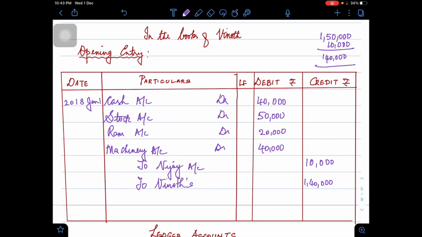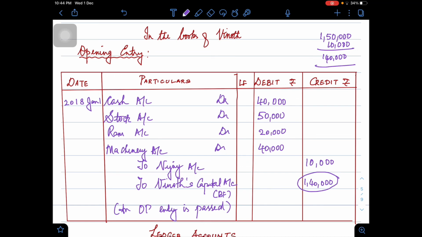Vinod's capital account. This will be the actual balancing figure. Thus we say an opening entry is passed. So 1,40,000 will serve as a balancing figure and the difference will be capital.